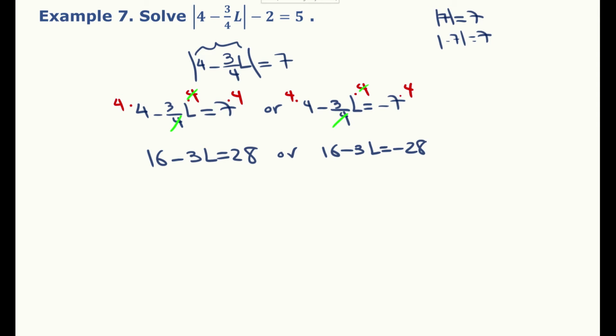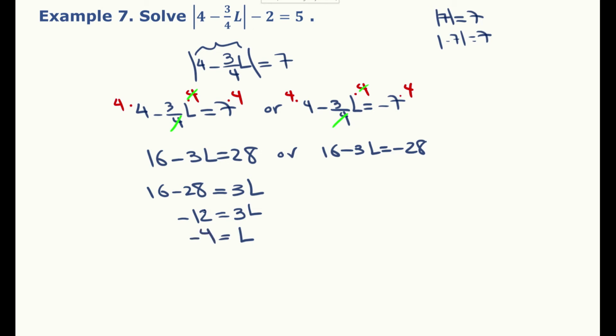So we go ahead and move the negative 3L to the other side to make it a nice positive 3L. We'll move the 28 to the left side. So 16 minus 28 is negative 12. So dividing both sides by 3 will give us negative 4.